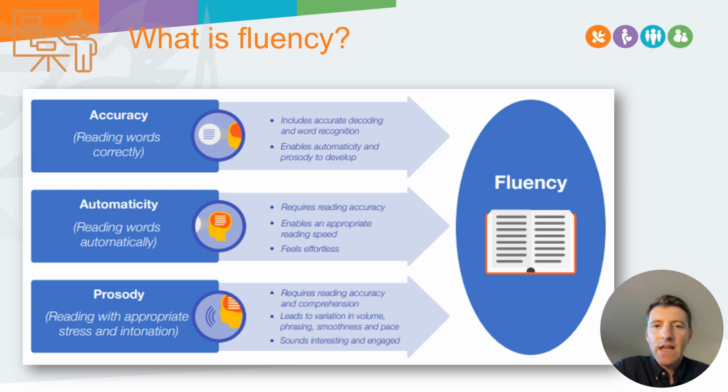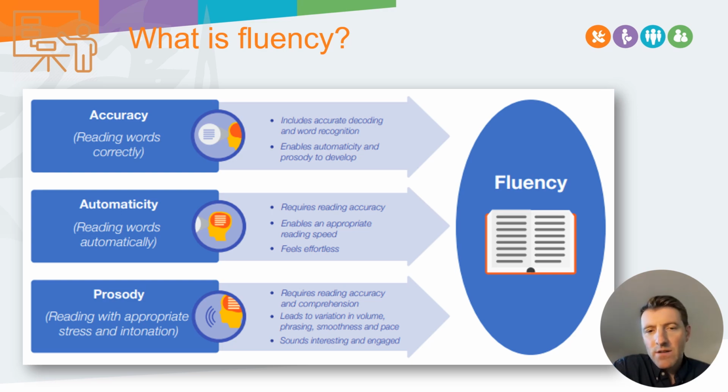Fluency is about accuracy, which is reading words correctly. It's about automaticity, which is reading words automatically. And it's about prosody, which is reading with appropriate stress and intonation. That is ultimately reading as if you were speaking. So it's these three parts that make up fluency: accuracy, automaticity, and prosody.